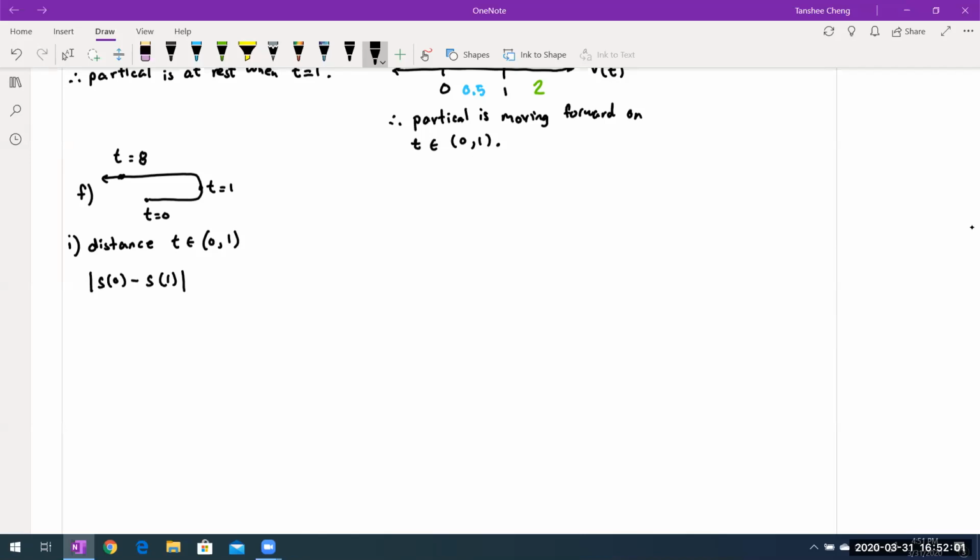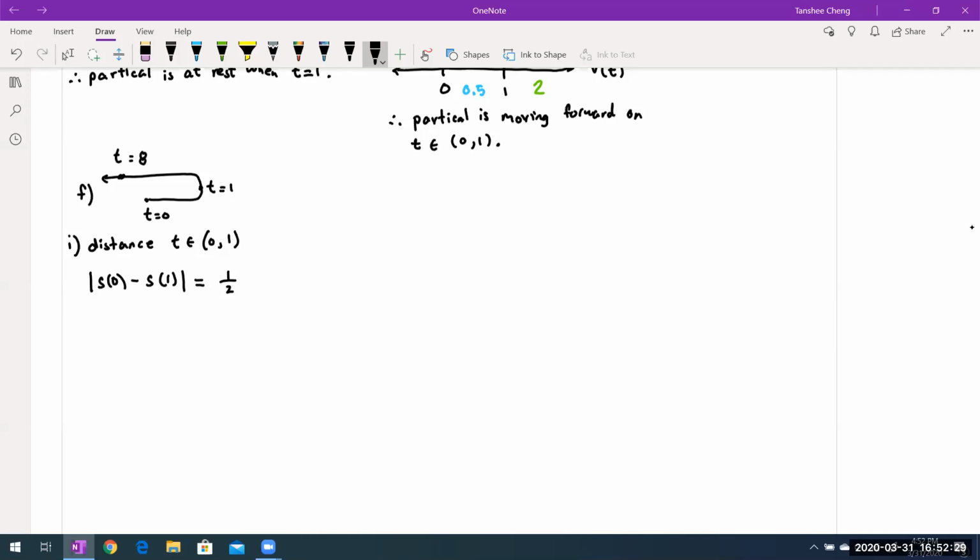When you plug it into the position function, I'm not going to write it down in detail. You can do that in your calculator, and you can give it to me like this on the test also. You don't really need to show the exact work. If you plug the function into the calculator, that will give me 1/2. Remember, we are evaluating in the S function, the position function.